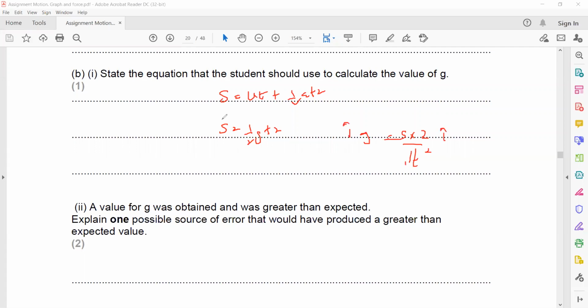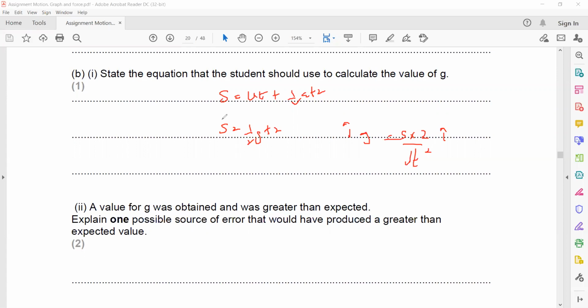If we measure a short time interval, then g will be higher. So maybe there was a parallax error in the measurement of the distance on the ruler, and a larger distance than the actual was measured. That's why we are getting a higher value of g.